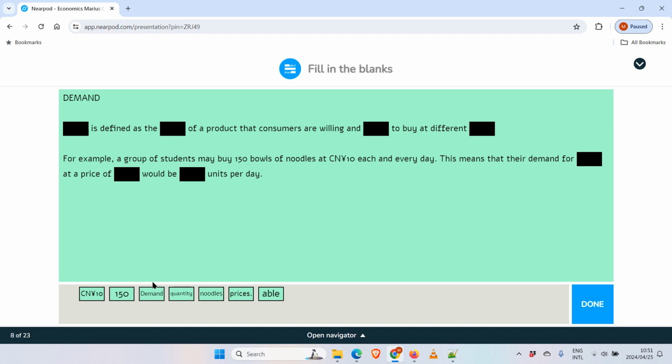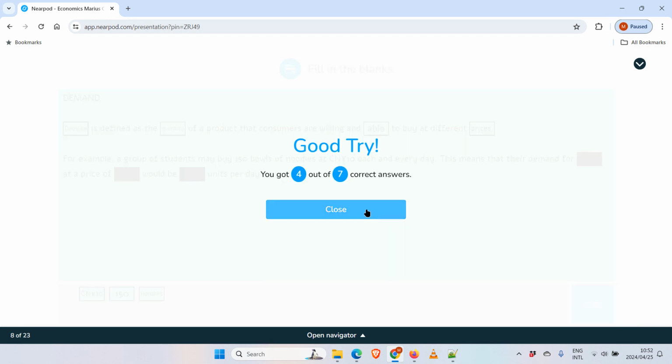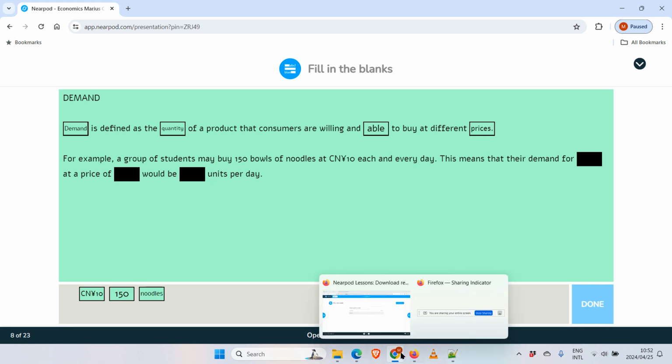So let's begin by saying demand is defined as a quantity of a product that consumers are willing and able to buy at different prices. Again, this is an activity that the students will complete.